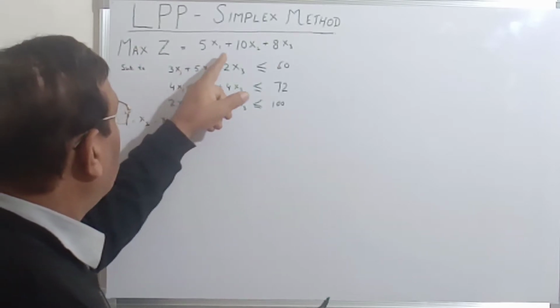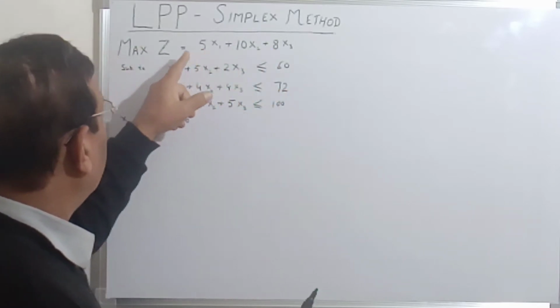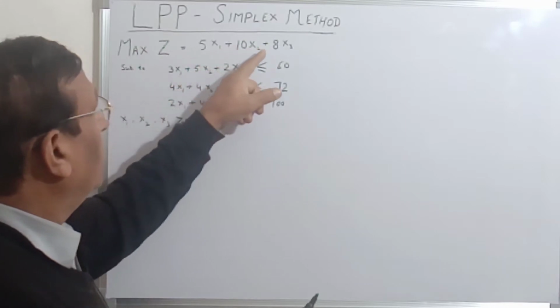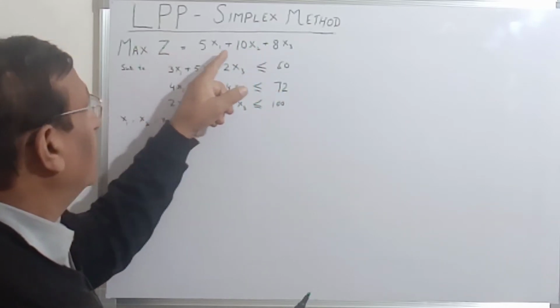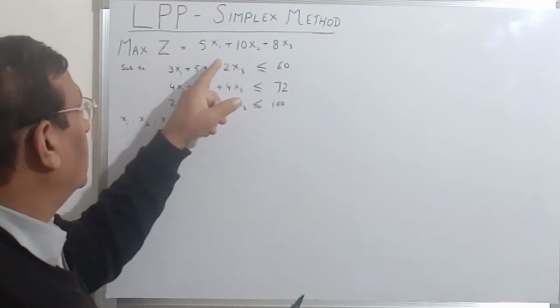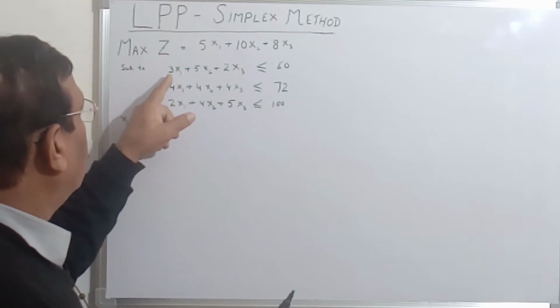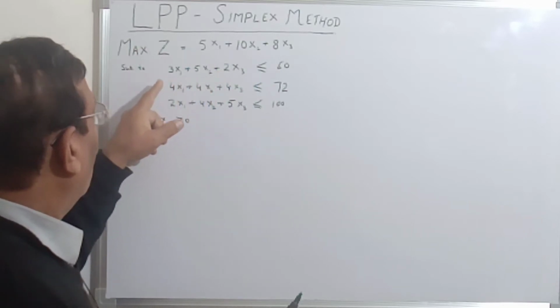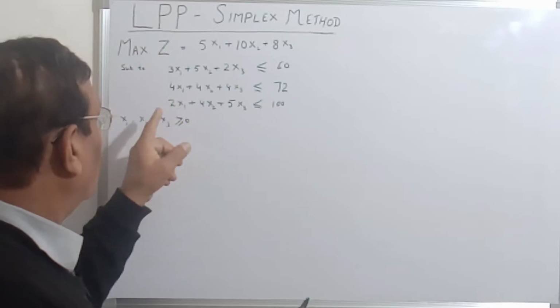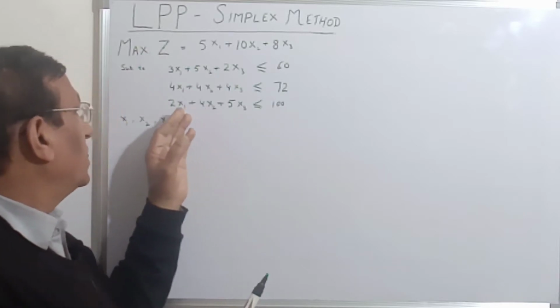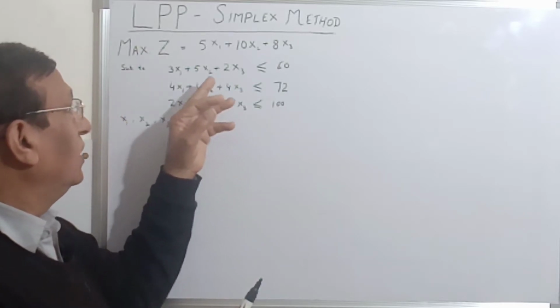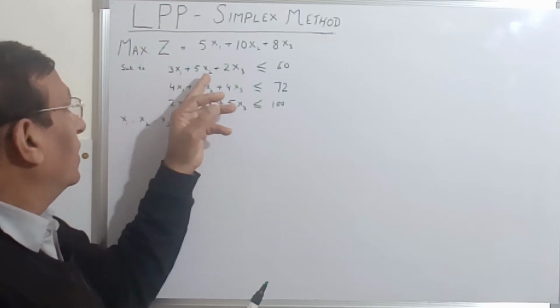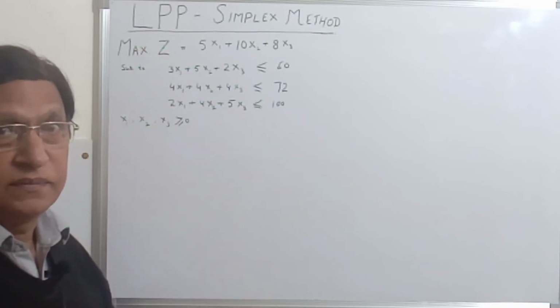And these 5, 10 and 8 are the coefficients of the variables in the objective function. Z is the objective function. And these 3, 5, 2 or 4, 5, 4, these are the coefficients of the variables x1, x2, x3 in three equations, first, second and third.